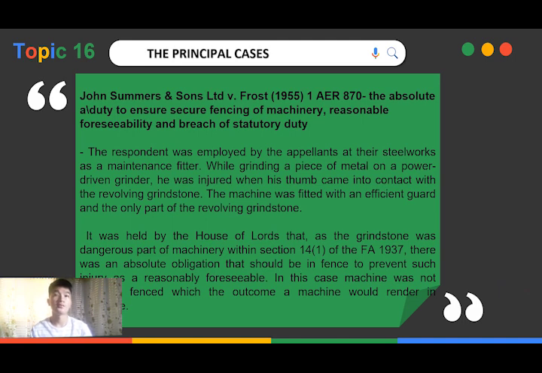As the court of appeal said, we all know that injuries or accidents are not always foreseeable. So that's why we should be prepared and aware. We should fence those machineries that can cause injuries, and we don't know what accident may happen, but for sure we are aware and prepared for what may happen.